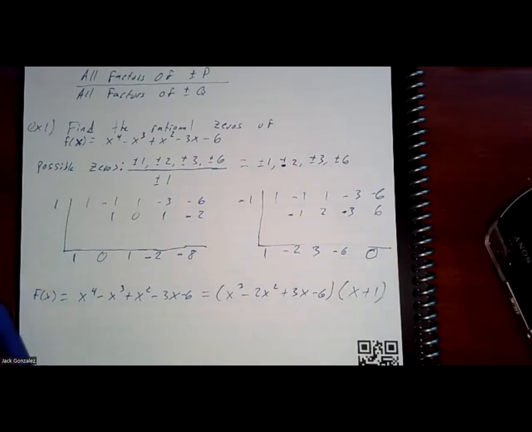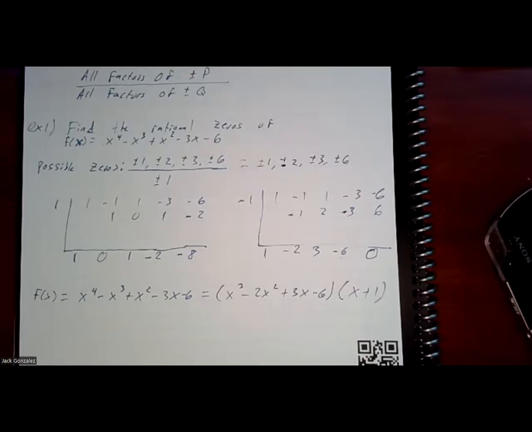My question is, since the original equation is the fourth power, does that mean we're going to find 4 zeros, or not necessarily? At most we could have 4, but we could have 1 or 2 or 3 or none.